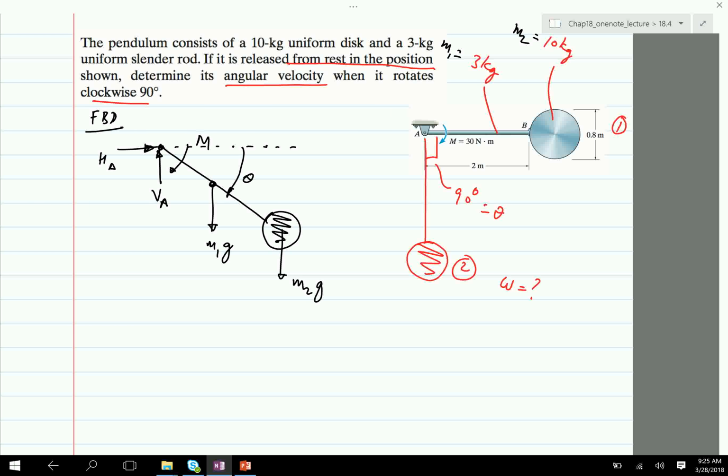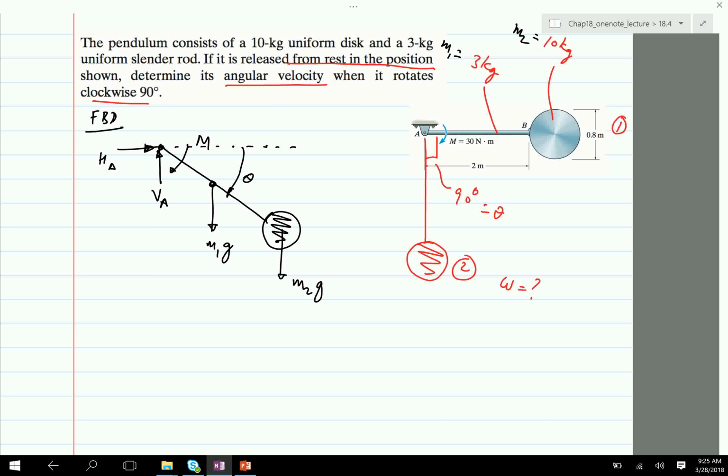Okay, so again, the key here is you have to find angular speed for a given angle, which means you need to find the relation between speed and theta, which means you're better off using the principle of work energy. The other way to do it is write F equals ma, solve for angular acceleration alpha and integrate that equation to get omega.